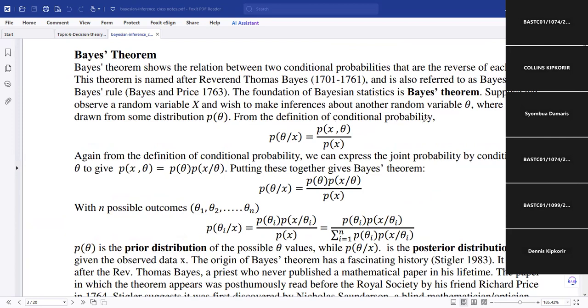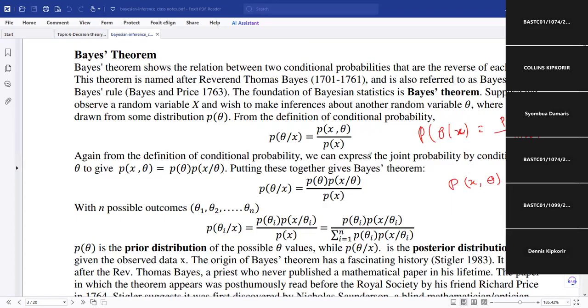From the definition of conditional probability, the probability of theta given x should be equal to the probability of x and theta, that is all the observations there, divided by the probability of x. And this probability of x and theta is the same as the probability of theta multiplied by the probability of x given theta.